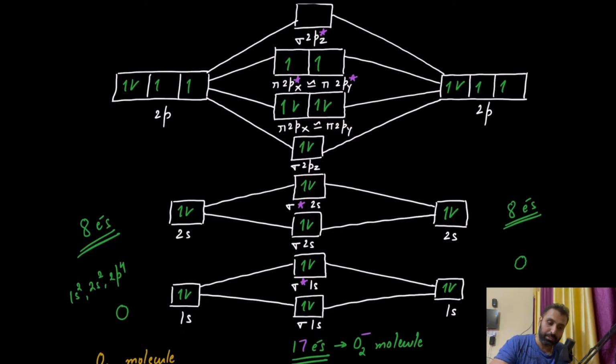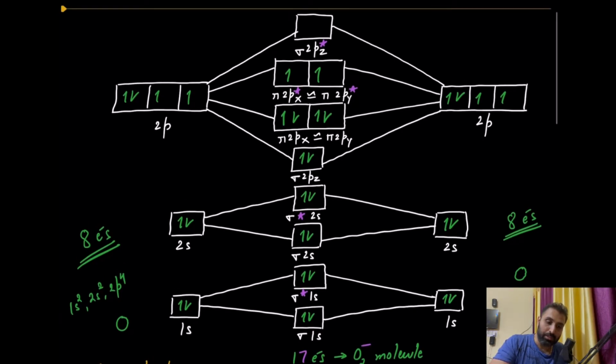So we are going to add one electron which will fill according to the energy order of molecular orbitals in pi star 2px according to the Hund's rule. So we got the third electron over here, and we got one extra, that is 17th electron in pi star 2px. So we got one electron extra in anti-bonding molecular orbital, that's pi star 2px.